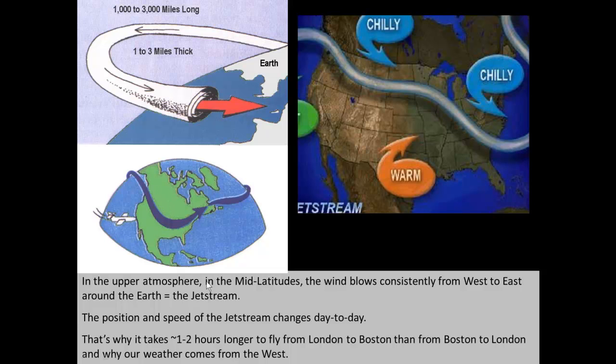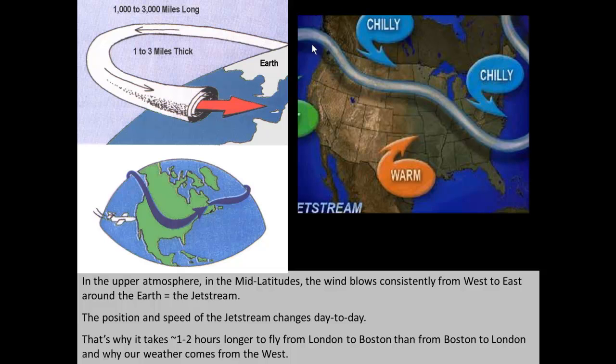That's, for example, why it takes longer with an airplane to fly from Boston to San Francisco than it takes from San Francisco to fly to Boston. Actually, about an hour. Why is that? Because if you fly from San Francisco to Boston, the jet stream is pushing you. You got a tailwind. If you're flying from Boston to San Francisco, you're flying into the jet stream. You're flying into a headwind.